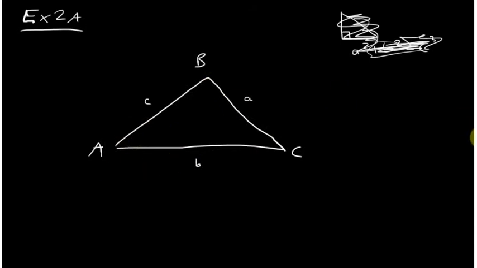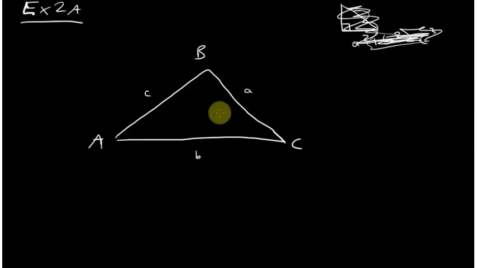So we use the sine rule, amongst other rules. So that's our original triangle, and for question 1 we are given the following. We said given a is 8 centimeters, and capital A is 30 degrees.